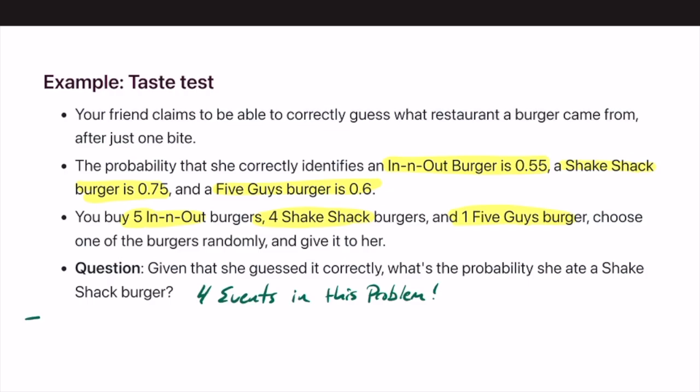We'll use I to denote In-N-Out. We will use SH because I don't want to confuse it with Shake Shack. This equals a probability space, and for this question, this will equal a Shake Shack.